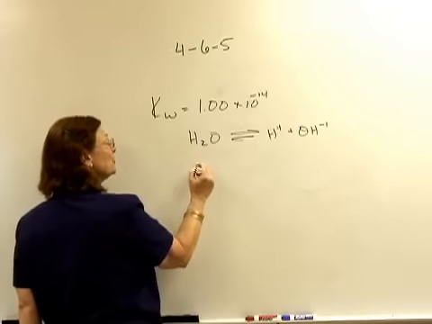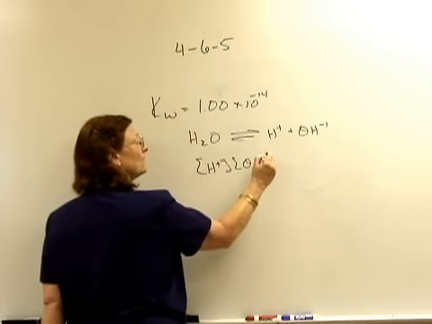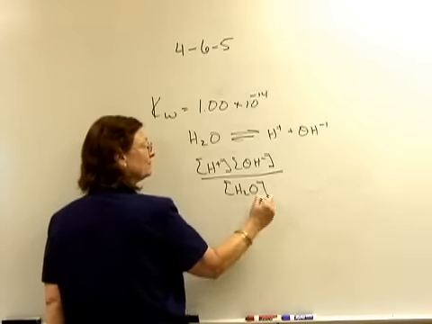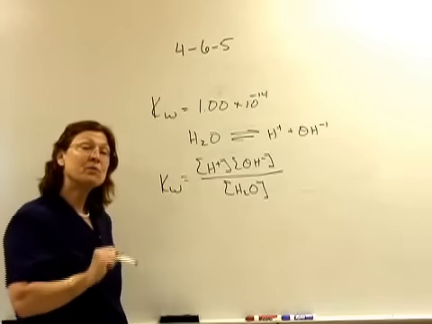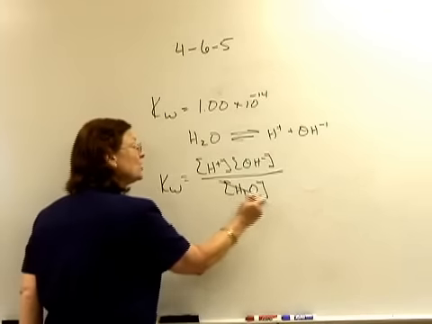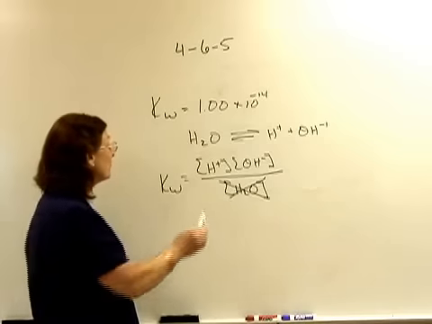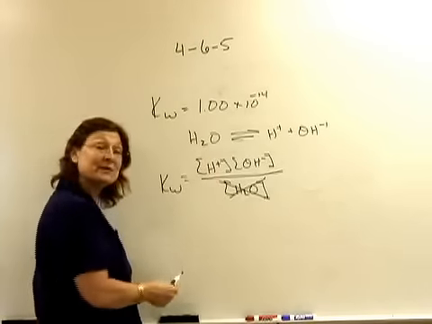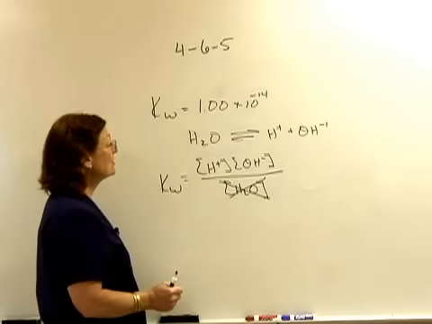And my K value is my products divided by my reactant. This is my Kw. It's very important to note here that we do not include pure liquids or pure solids. Therefore, Kw equals the concentration, and these brackets mean molarity, of the hydrogen ion times the hydroxide ion.